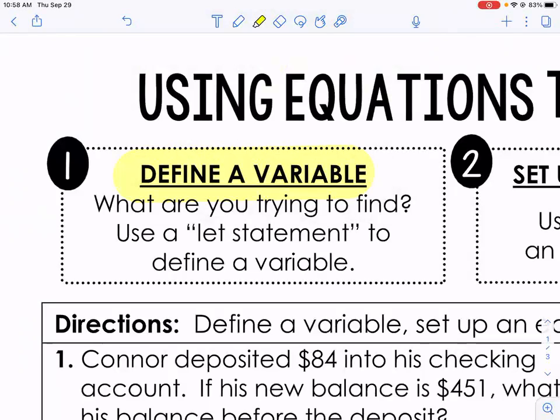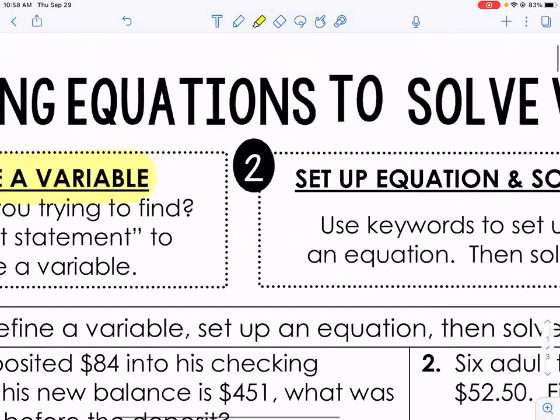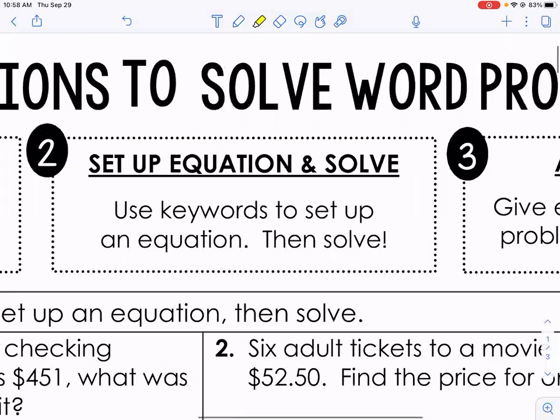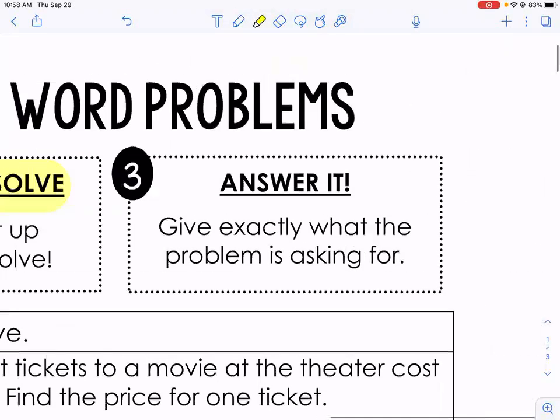Okay. Then you're going to need to actually set up the equation and solve for that variable that you wrote down. Okay. Then you need to make sure that you are answering your problem with a label. So are you looking for the number of hours? Then your answer should be blah, blah, blah hours.